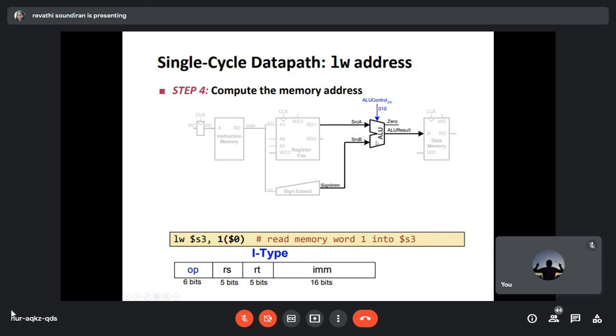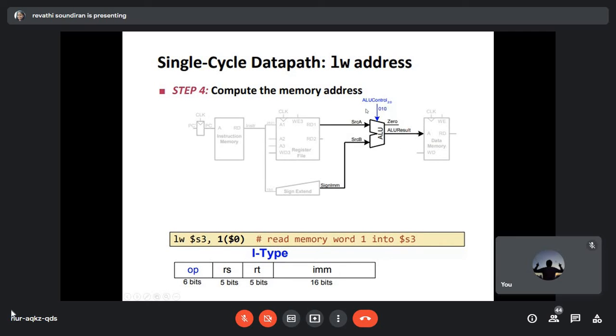Here we don't need read and write operation, so you have 0, 1, 0, which corresponds to an add operation. Your signed immediate value gets added to the data that is read from the source register. These two are added, and the result is used to address the data memory.